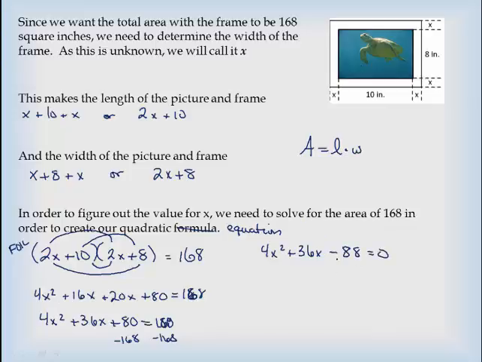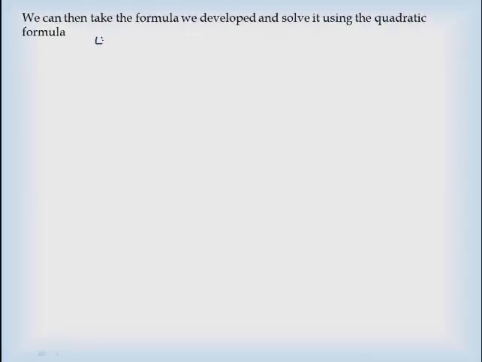So now we've set it equal to 0, and now we can solve this. Okay, so we'll take our 4x squared plus 36x minus 88 equal to 0, and we'll solve it using the quadratic formula. This should again be equation, sorry about that.